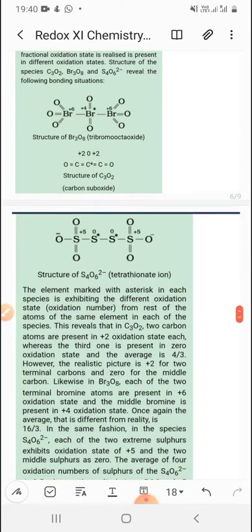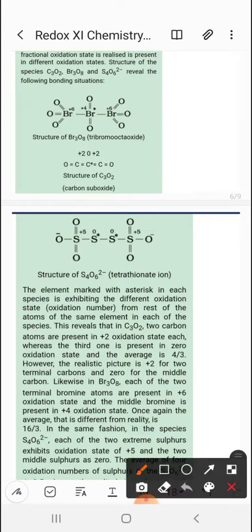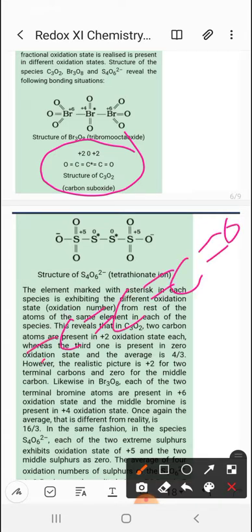Now the next one is carbon suboxide. This is the structure of carbon suboxide. How will we open it? C3O2: C double bond C, double bond C, double bond O, double bond O. How will you calculate the oxidation state of carbon? Here carbon is forming a bond with carbon, so the oxidation state will be 0 only. You will not count the carbon-carbon bond, because it contributes 0.